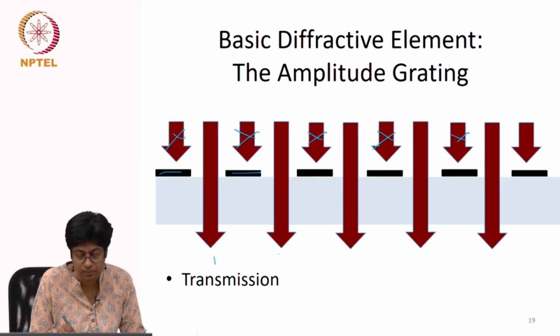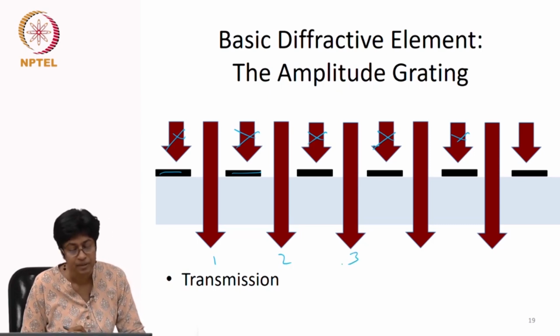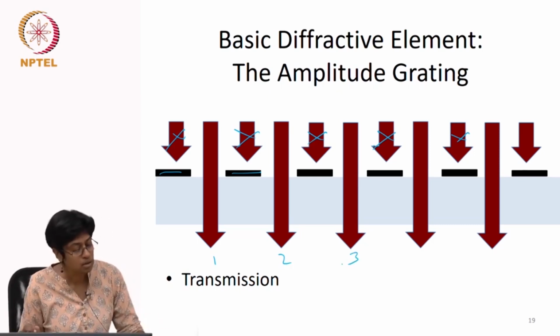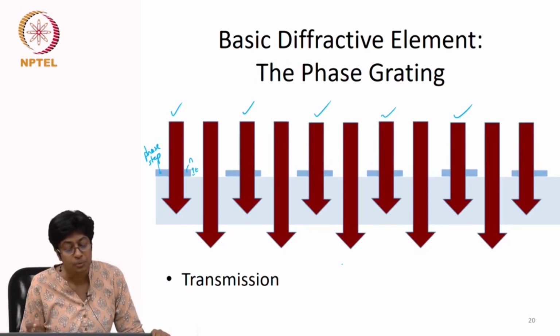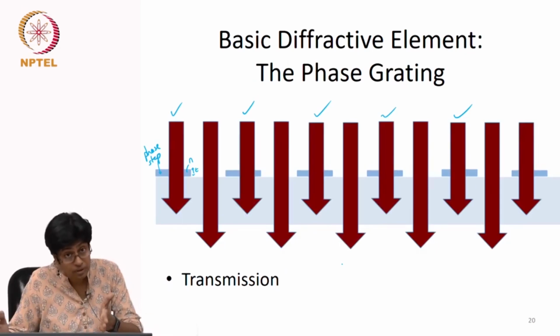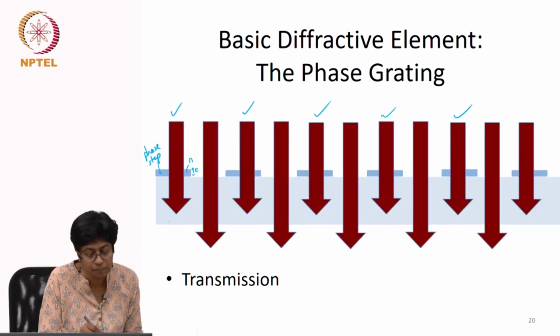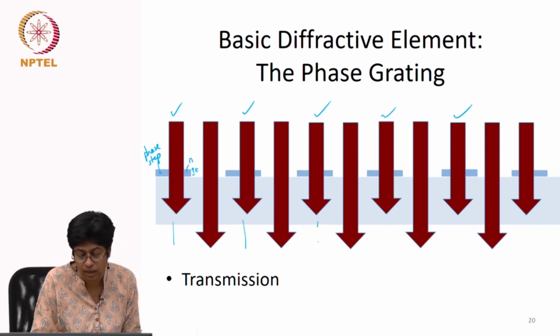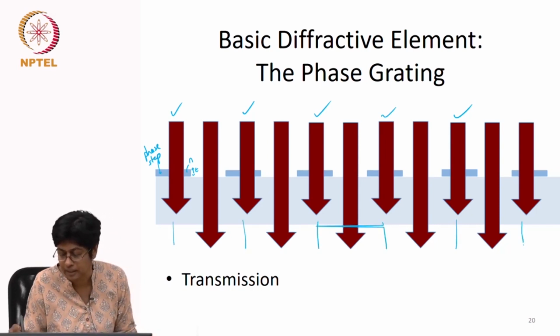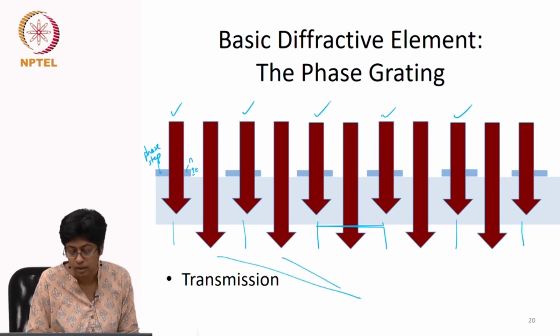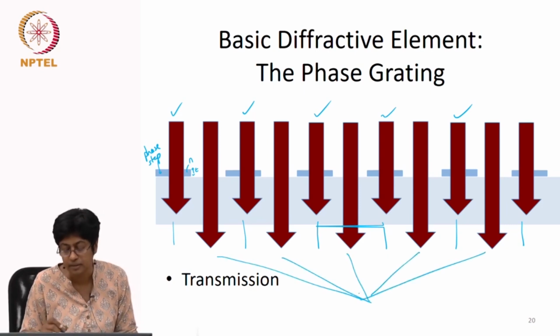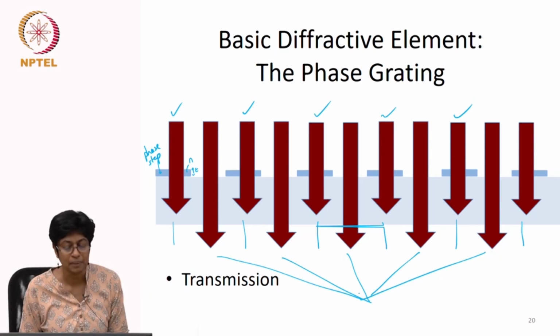So here you had this beam, you had this beam, you had this beam, and these were blocked. And here you have light coming through everywhere, but this has an optical path length difference. These all have the same optical path length, whereas these are all a different optical path length. And that is what is causing the multiple beams.